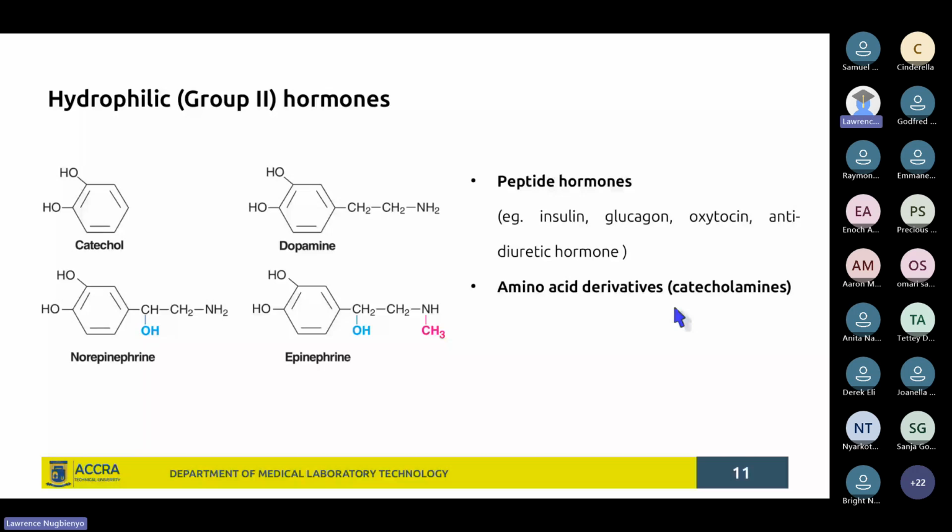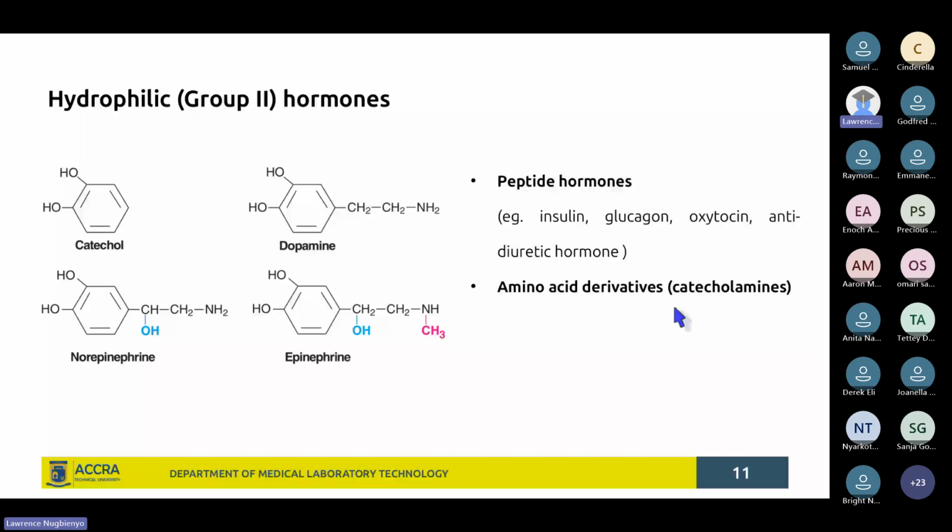Then you have a peptide. You can have a tripeptide. You can have an oligopeptide, let's say up to about 20 amino acids in a molecule. We can classify that as an oligopeptide. Beyond that will be a polypeptide. All of these are proteins. But if you say an amino acid derivative, it's a single amino acid that has a modification to its structure.